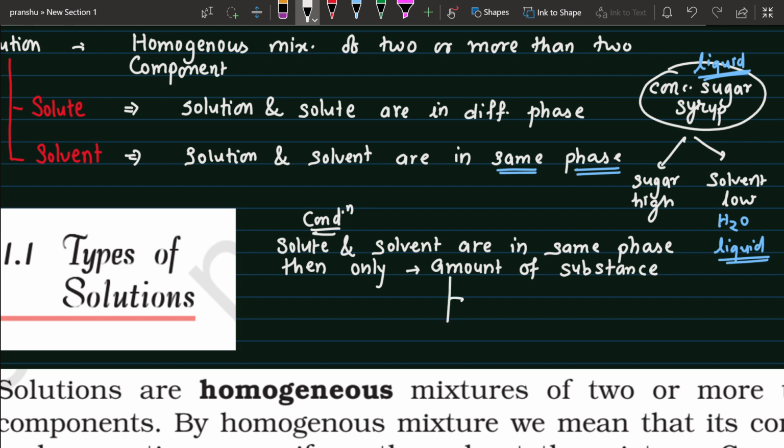If the amount of substance is low, then it is the solute, and if the amount of substance is high, then it is the solvent.